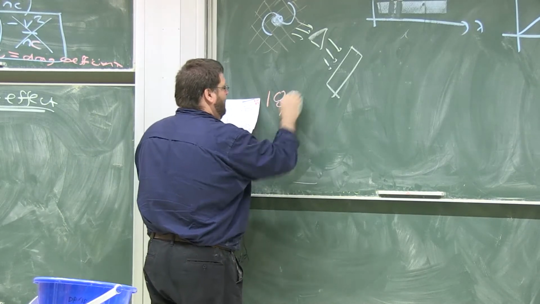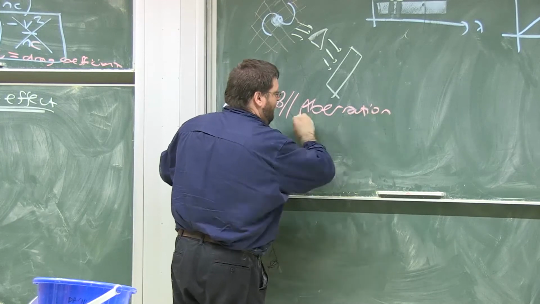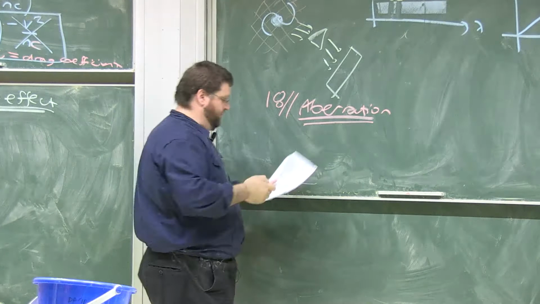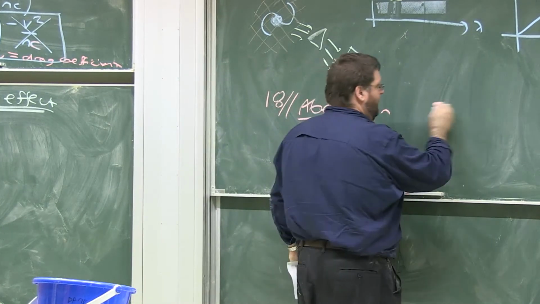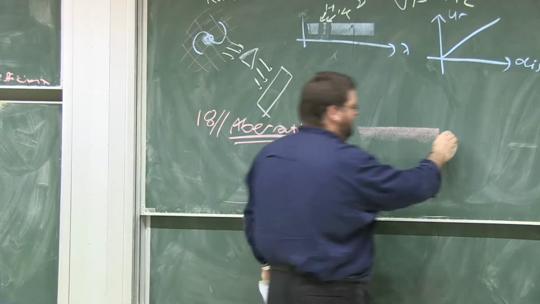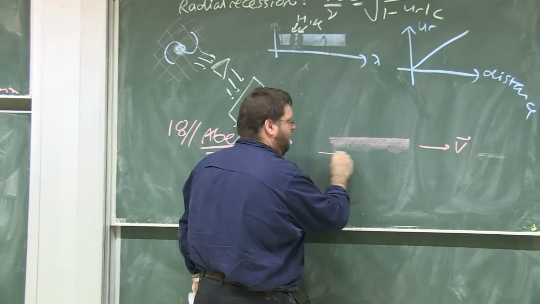Let me draw a diagram. So we're talking about aberration. A perhaps more informative name would be the relativity of direction for light beams. But the point that I've made is that if you're in a car, this is a picture of a car moving with some velocity v relative to the road.